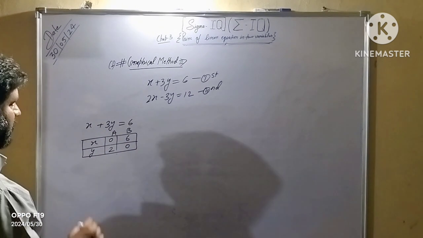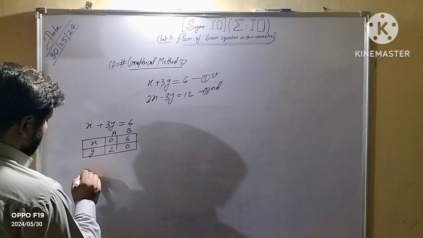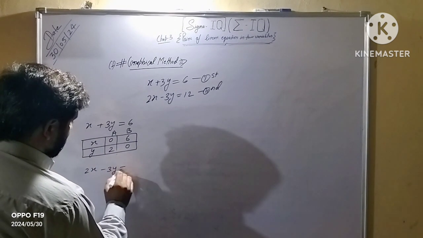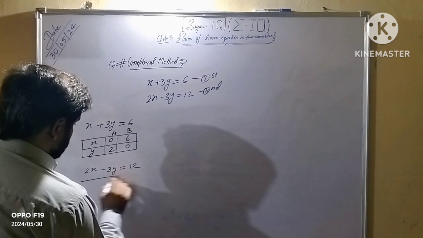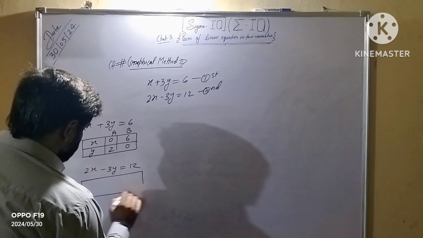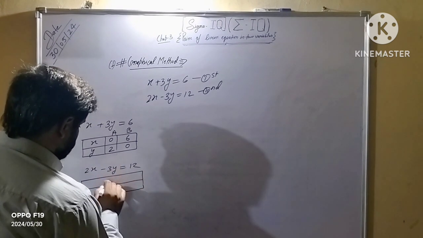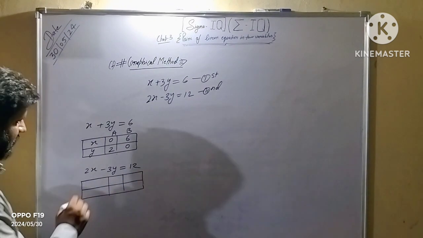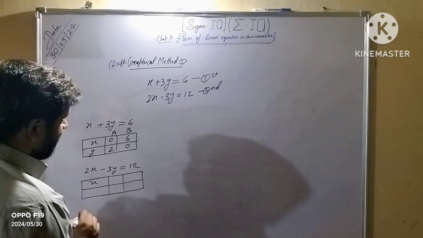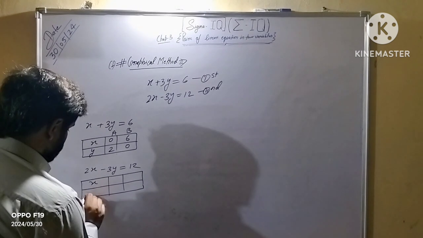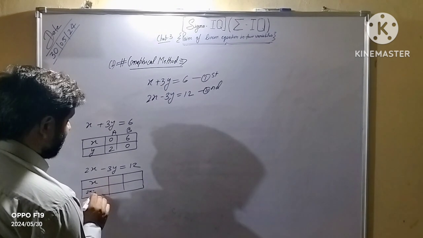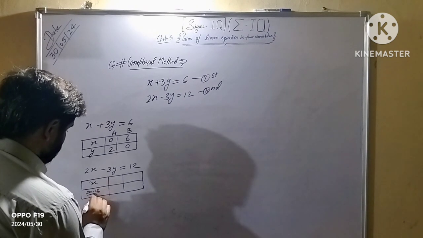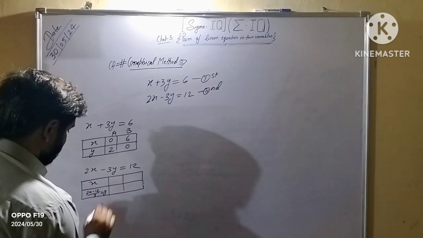Similarly, write equation number 2: 2x minus 3y equal to 12 and make table for same. x and y equal to 2x minus 12 upon 3 equal to y.